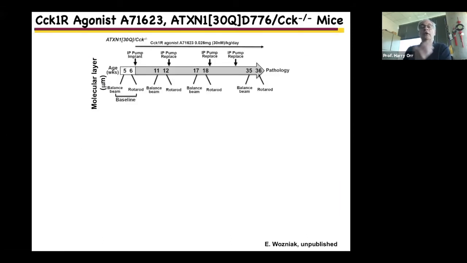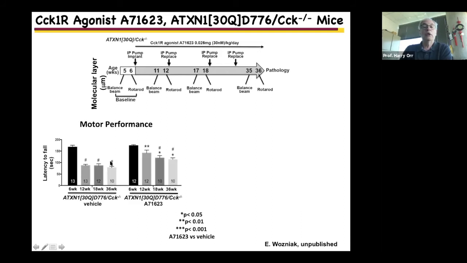We then went on to see if administration of this small molecule would impact the disease progression in our 30Q D776 mice on the CCK knockout background. Shown at the top is the scheme that we did. We placed IP pumps that were replaced. And then at the end, we did both a behavioral as well as pathology in the mice. And importantly, by rotarod, here is the loss of rotarod performance in vehicle-treated mice.